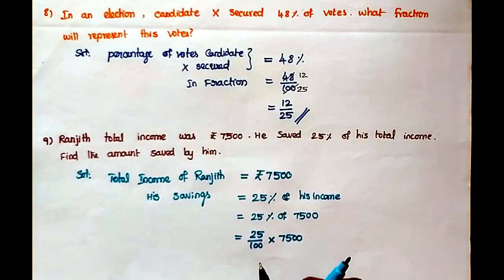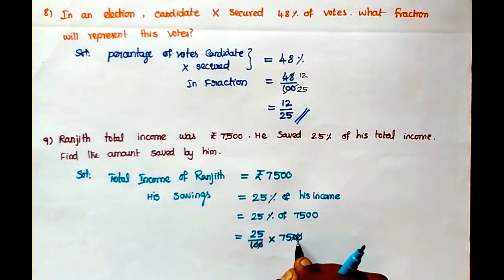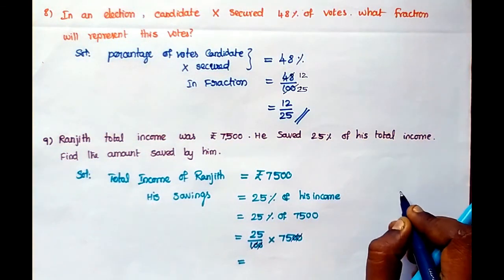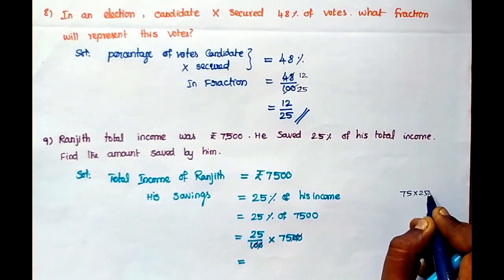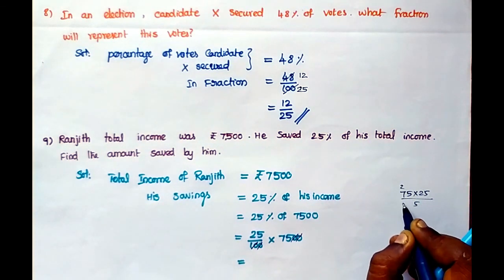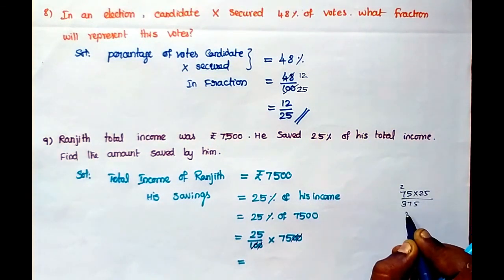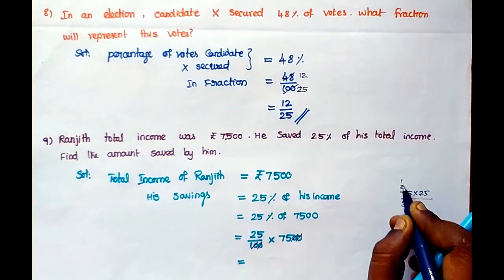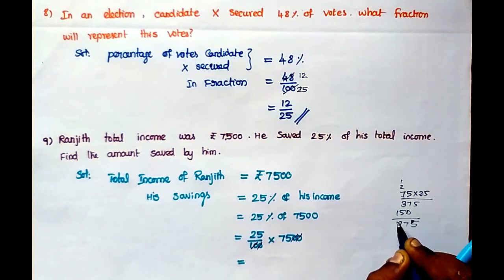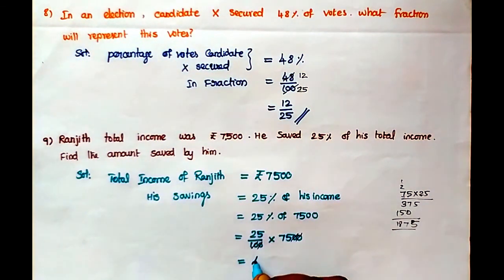Now cancel this, 2 zeros. Now 25 into 75, multiply this one. 75 into 25, 5 5s are 25, 7 5s are 35 plus 2, 37, 2 5s are 10, 7 2s are 14, 15, so 1875. So rupees 1,875.